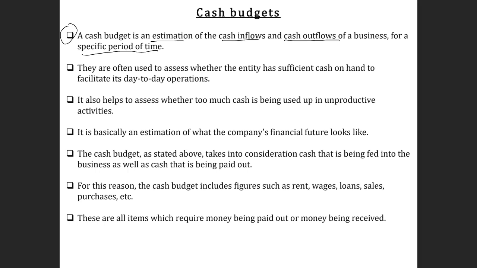And this includes sales as your main item, and then also any other form of investment, such as perhaps rent income, interest income, an investment that's maturing, that type of thing, versus all of the ways that cash will leave the business or flow out of the business.